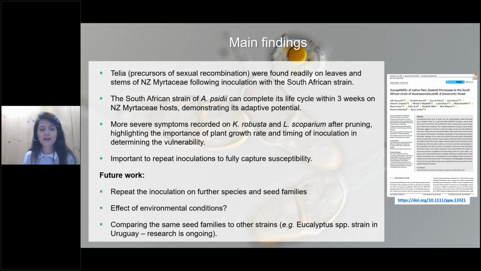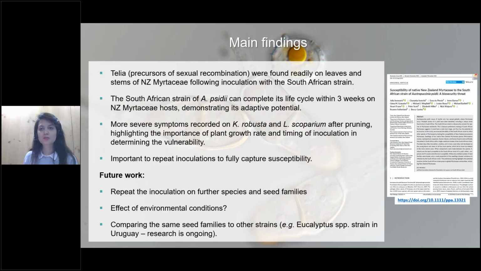The telia, which are the precursors of sexual recombination, were found readily on the leaves and stem of New Zealand Myrtaceae, following the inoculation with the South African strain. The South African strain of Myrtle Rust can complete its life cycle within 3 weeks on New Zealand Myrtaceae hosts, demonstrating its adaptive potential.